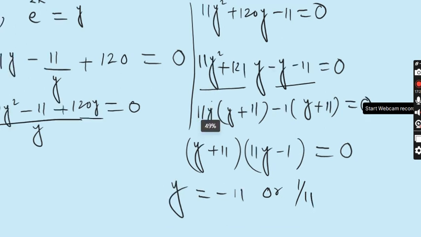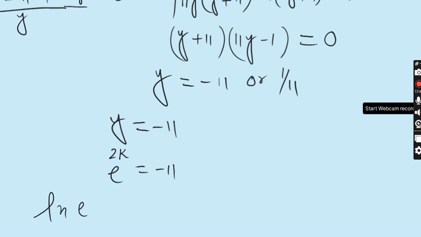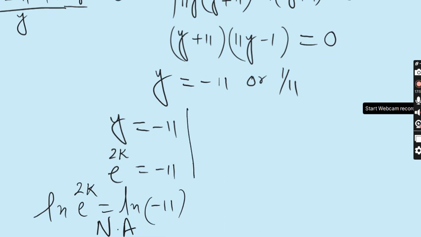So there are two values of y. Taking one by one, y equals minus 11. Y was e^(2k), equal to minus 11. Taking ln on both sides, ln e^(2k) is equal to ln of minus 11. So it is not admissible because the logarithm of a negative number is undefined.